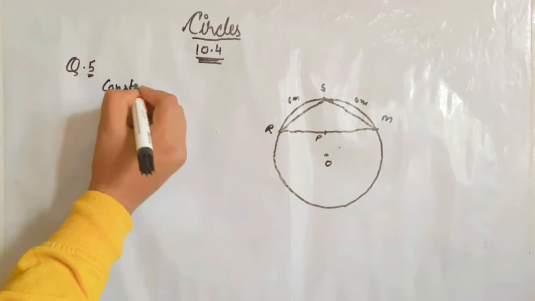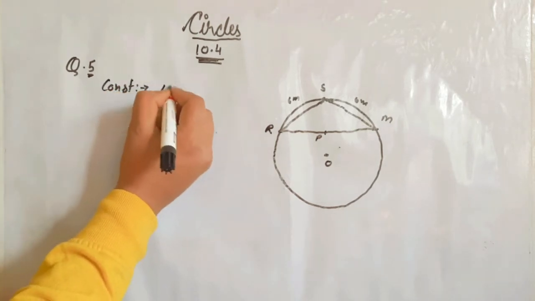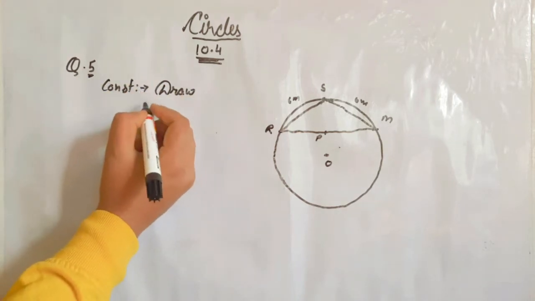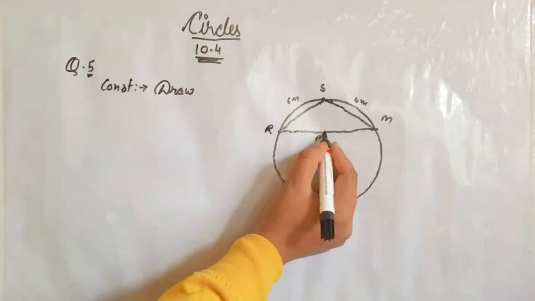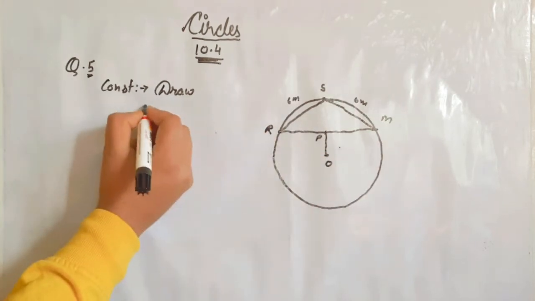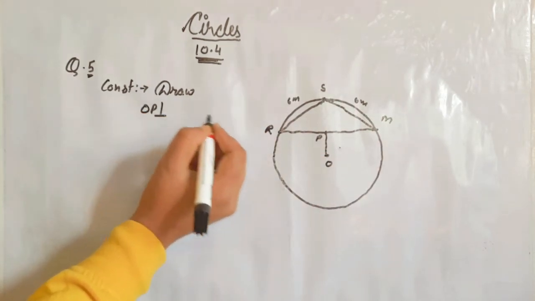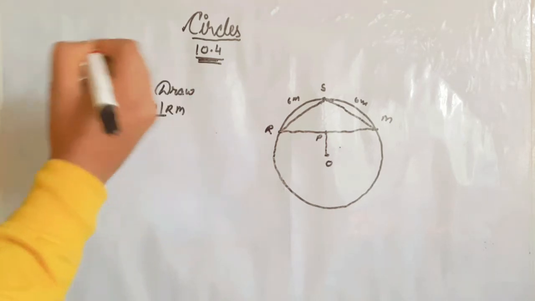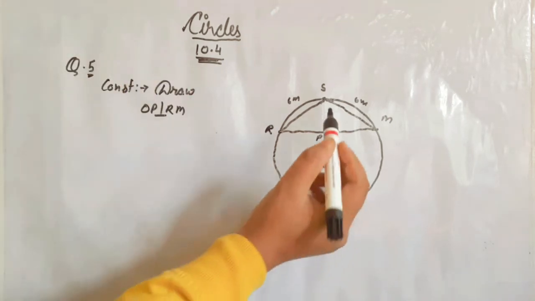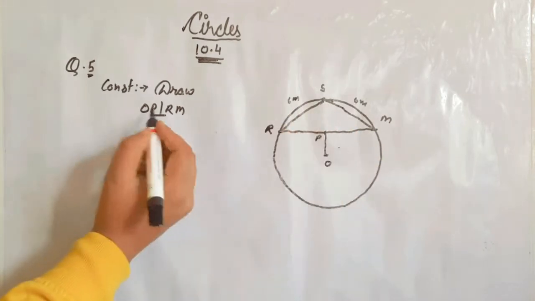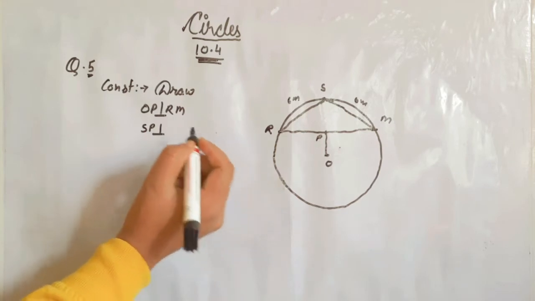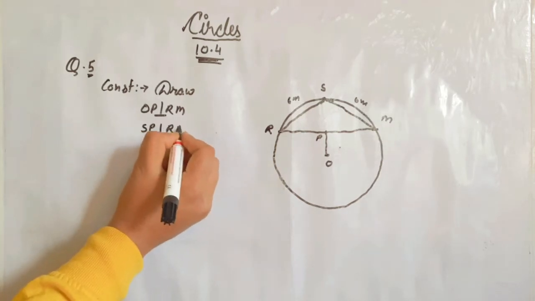So what construction do we have to do? Draw OP perpendicular to RM, and in the same way draw SP perpendicular to RM again.